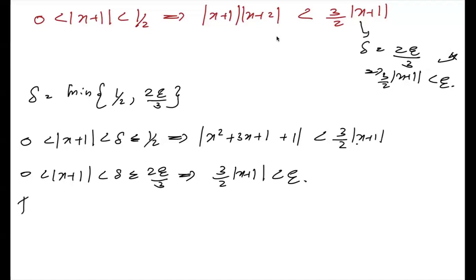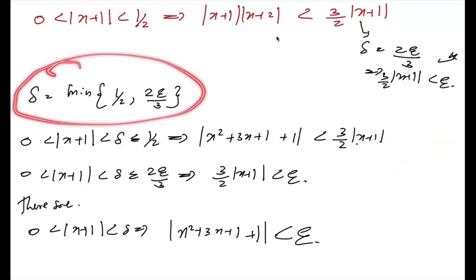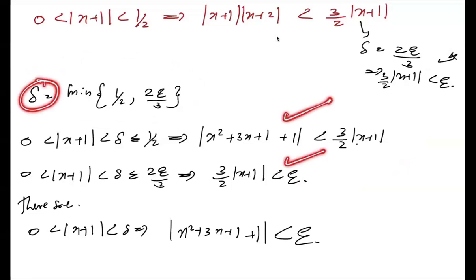Therefore, 0 less than the absolute value of x plus 1 less than delta implies the absolute value of x squared plus 3x plus 2 is less than epsilon, because if we take both of these two together, although we have taken them using two different deltas, once we take the minimum value, for this minimum delta both hold.